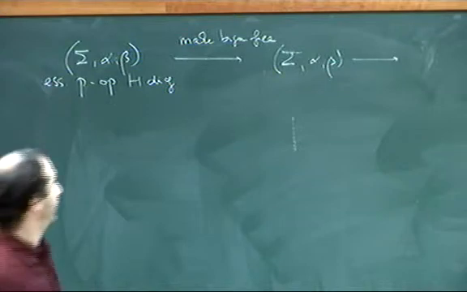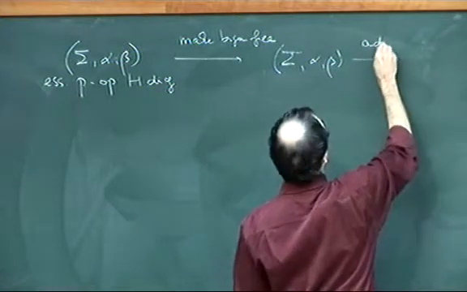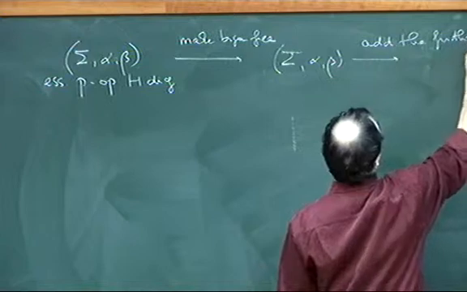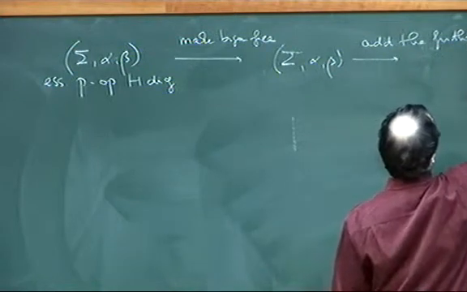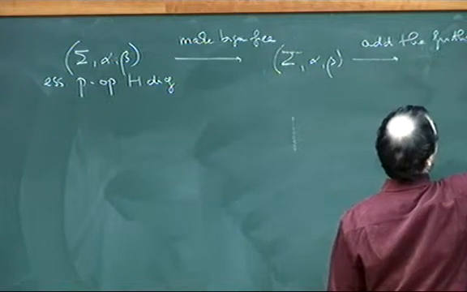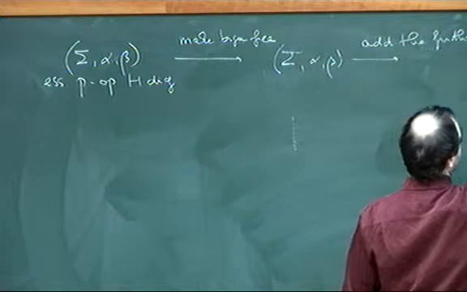And then add the further alpha and beta curves and call it sigma, alpha completed, beta completed, and this is now a nice diagram.